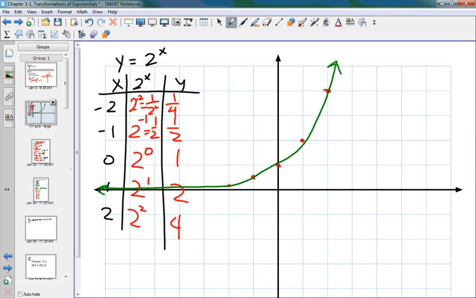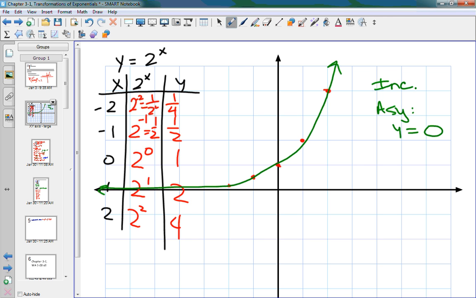The horizontal asymptote. Where? 0. So what you need to understand is that this is an increasing function, and it has an asymptote of y is equal to 0 because it's a horizontal asymptote.